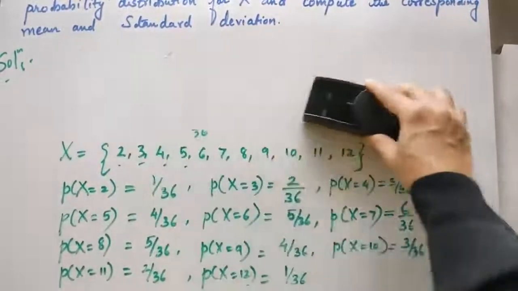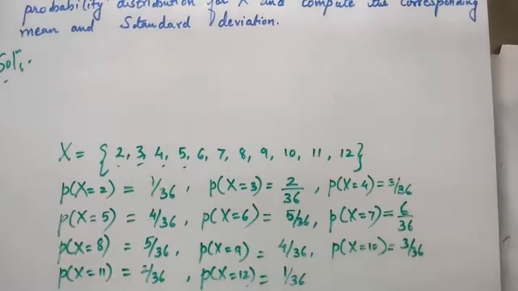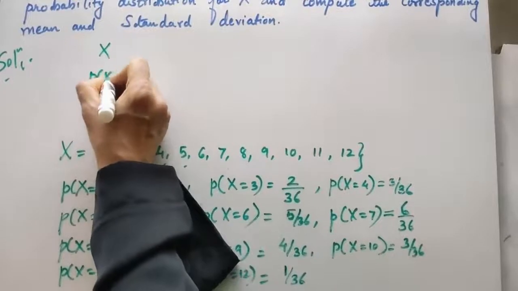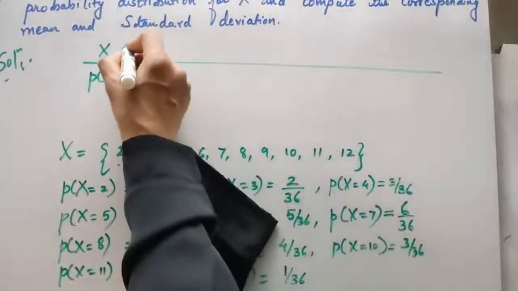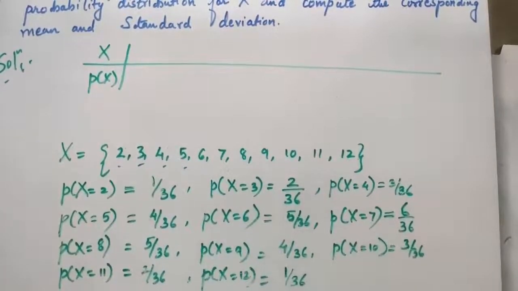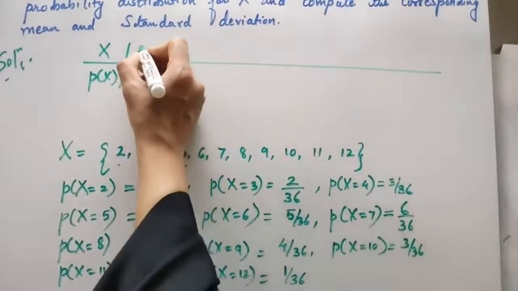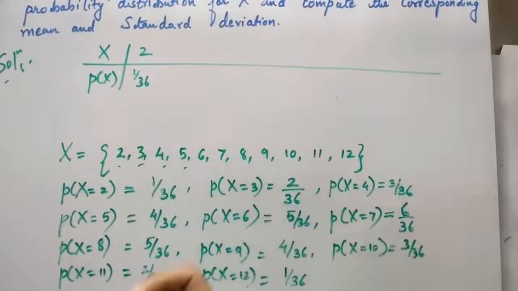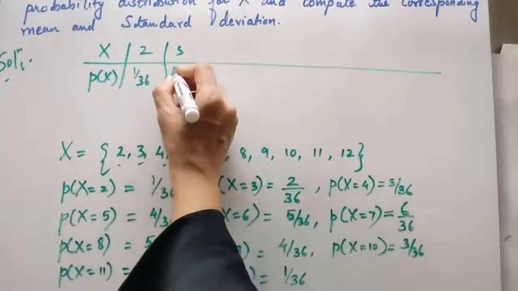Okay. So here it is. You have x values here, the random variable, and the probability distribution of x over here. So let's sum them up in a table. You have first the sum 2. The corresponding probability is 1 by 36. For 3, it is 2 by 36.